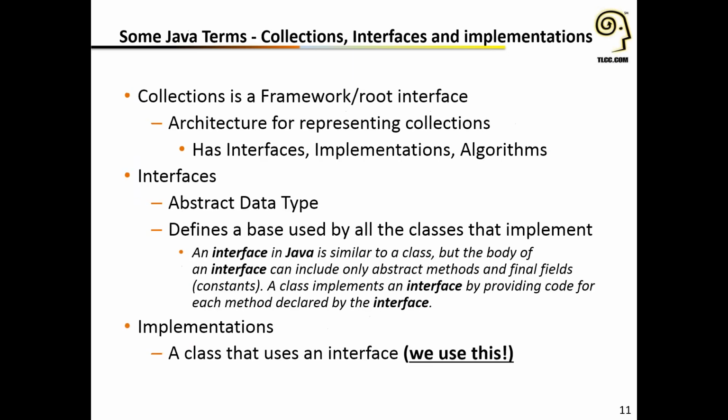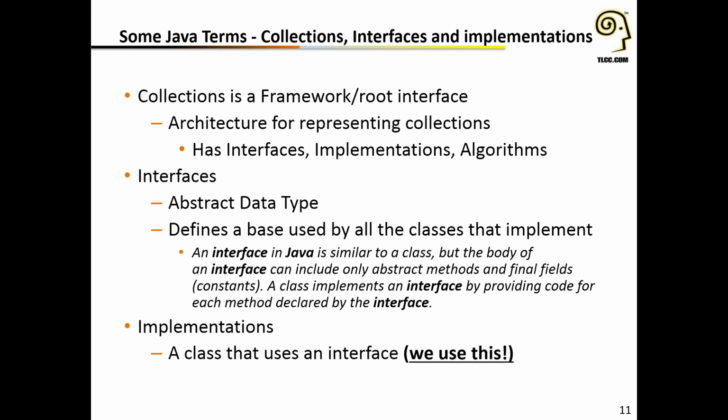So what is this HashMap a part of? It's a part of what's called the collections framework in Java. These are a group of Java classes that Sun provides as part of the language, and it's a root interface for a number of different classes and interfaces. So what's an interface? Think of it as a base set of methods and fields.